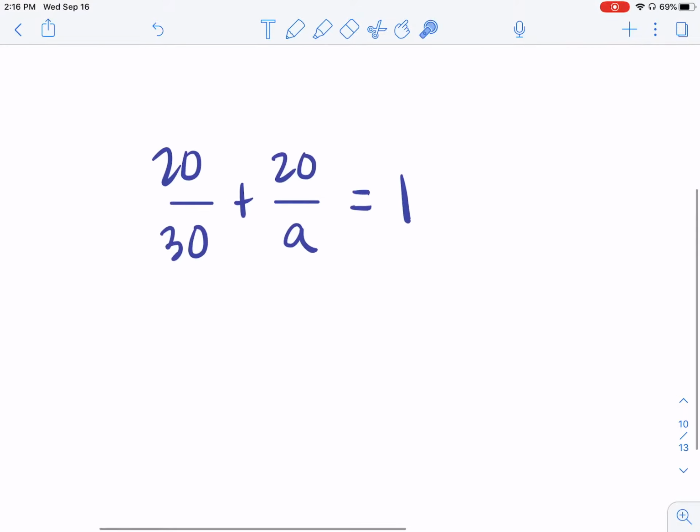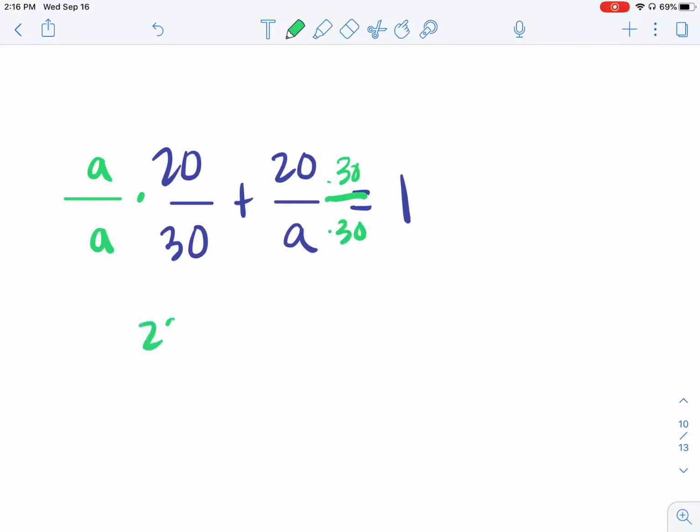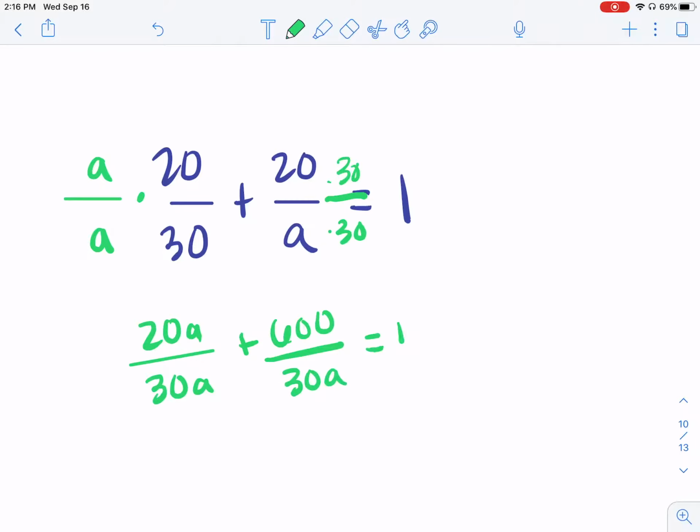So once again, in order to add, they need a common denominator. So 30 and A don't have anything in common, so we're going to multiply them by each other. And that gives me 20A over 30A plus 600 over 30A equals 1.